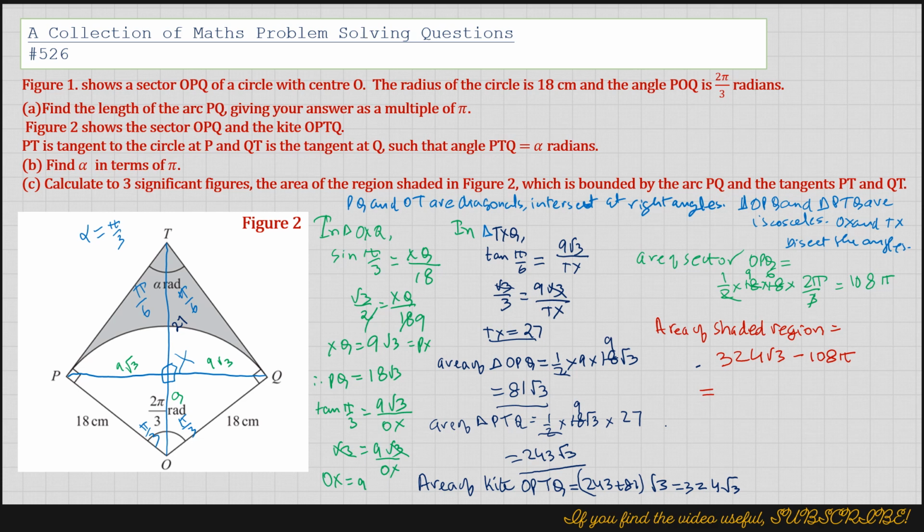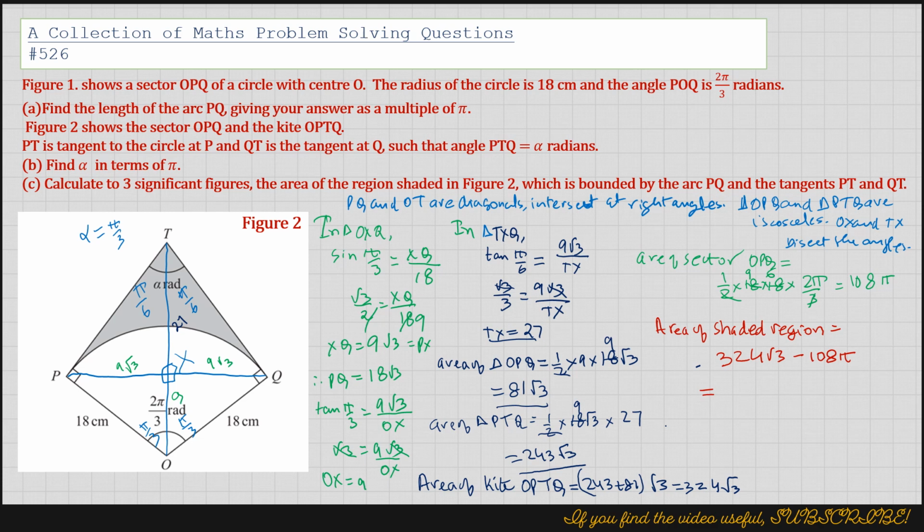It's 560, and then 108 pi is 339. And that is 221. That's what I get.